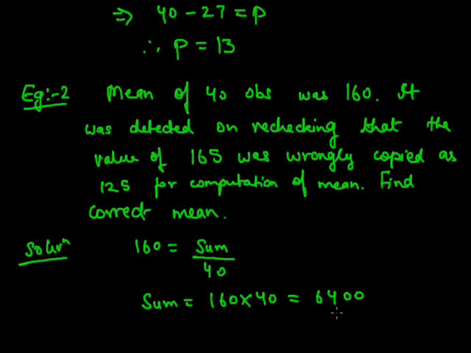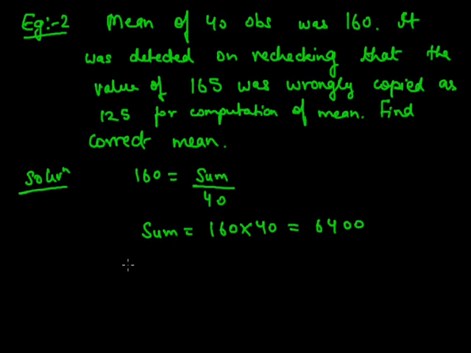Now, in this 6400, we need to add 165, because the correct observation was 165, and we need to subtract 125, because the wrong observation was 125.